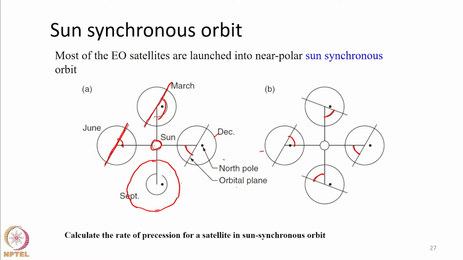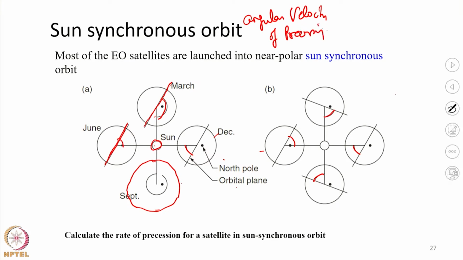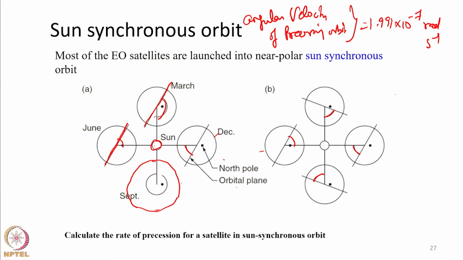then that particular plane will be sun synchronous. Okay. So, if you work out, we can work out the angular velocity with which such an orbit rotates. I just write it down: the angular velocity of the orbital precession, or the precessing orbit, will be 1.991 into 10 power minus 7 radian per second, an extremely small value.